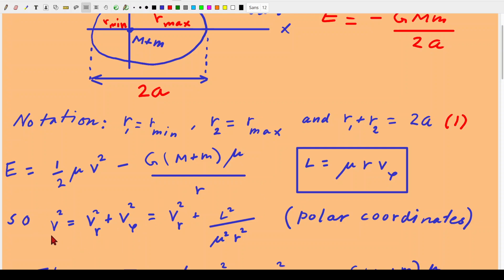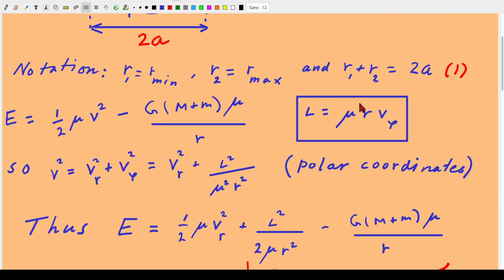And in polar coordinates, the velocity squared can be divided into the velocity squared in the r direction and in the phi direction. Because of this relation to the angular momentum, the phi direction speed can be written like this.